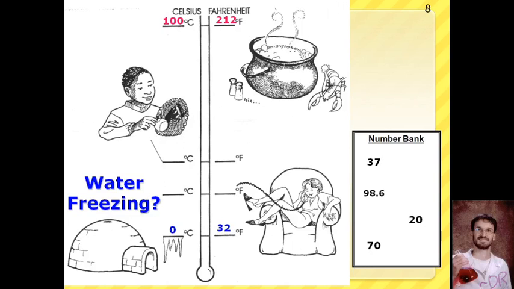So what body temperature is in Celsius, can you try to figure it out from these numbers over here? Which of these do you think is body temperature in Celsius? Well, which one's body temperature in Fahrenheit? That's this one. So which of these 3 do you think is going to be equal to 98.6 degrees Fahrenheit?